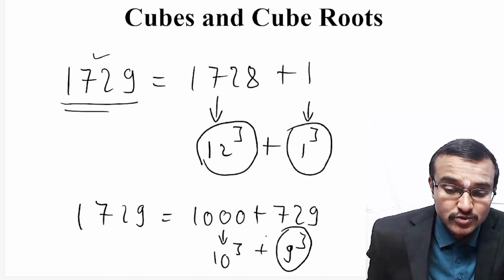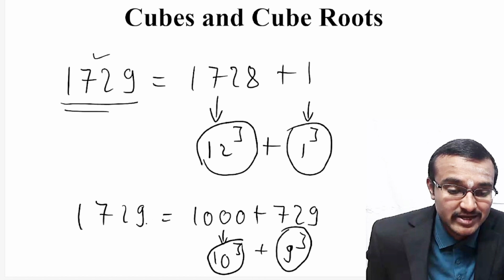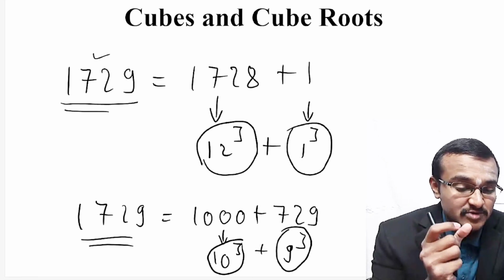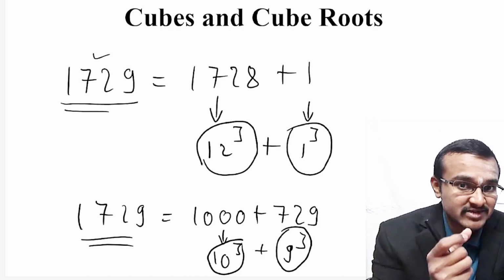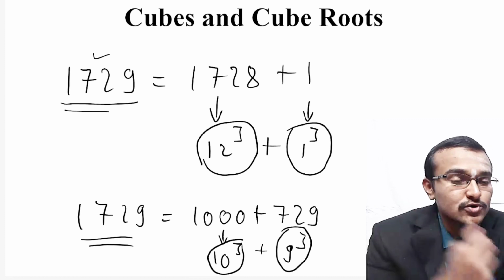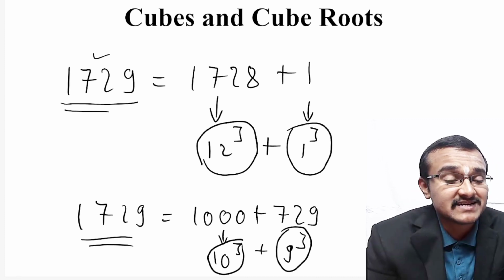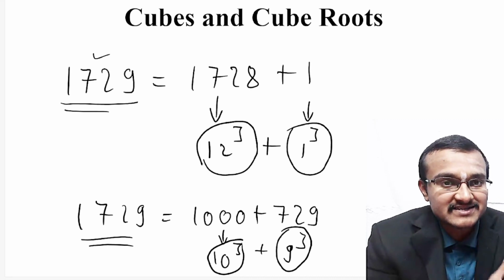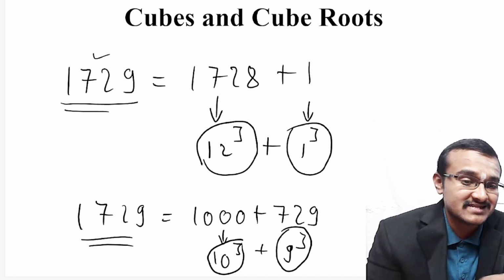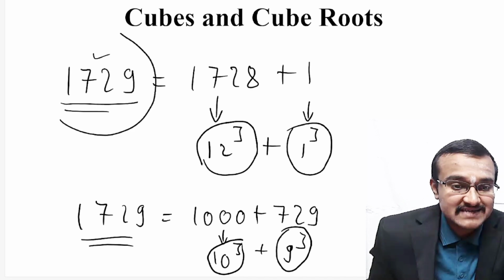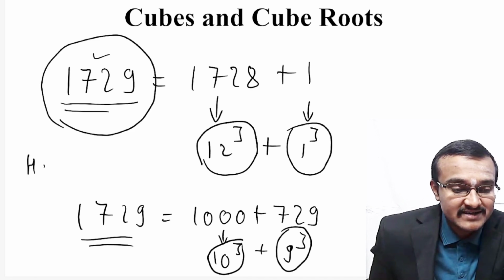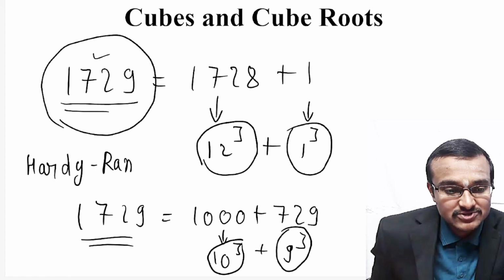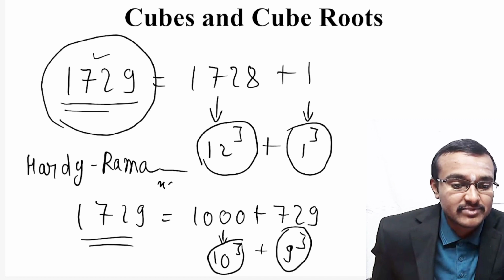So in two different ways this 1729 can be expressed as a sum of two perfect cubes. Hence Ramanujan explained that 1729 is not a dull number, it's a very interesting number. That's why this 1729 is known as the Hardy-Ramanujan number.